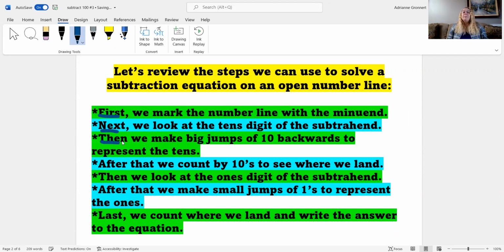Then we make big jumps of 10 backward to represent the tens. After that, we count by tens to see where we land. Then we look at the ones digit of the subtrahend. After that, we make small jumps of ones to represent the ones. And last, we count where we land and write the answer to the equation.